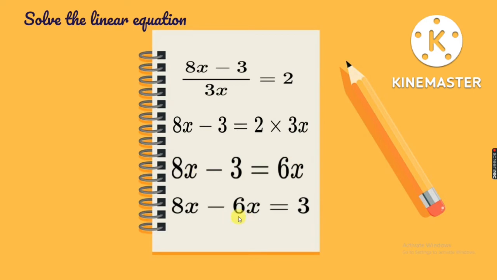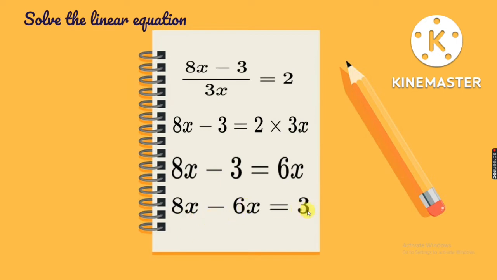So 8x minus 6x is equal to, we transposed minus 3 to the right hand side. When we shifted it to the right hand side, it would be converted into the positive sign. So we got 8x minus 6x is equal to 3.